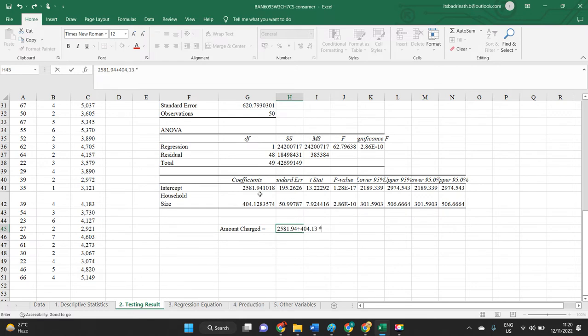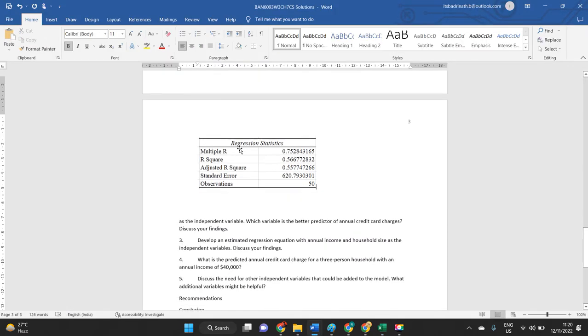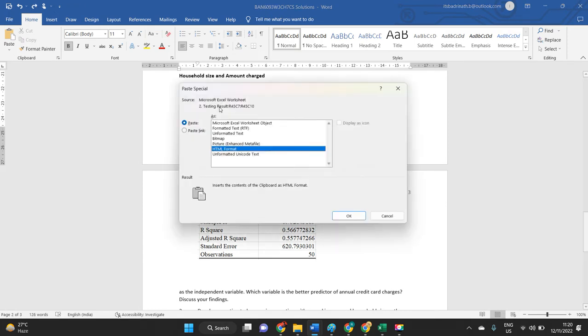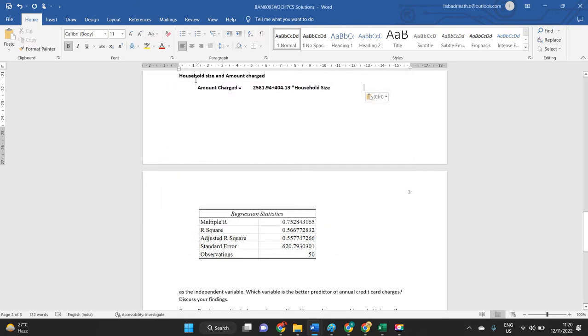You can round it off to some extra value also, for household size. This we copy paste. You can modify it also if you want to change it. We make it bold, and we remove bold from that one. This is the regression equation, and the regression result is this.